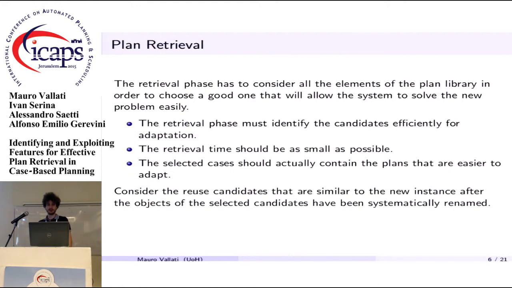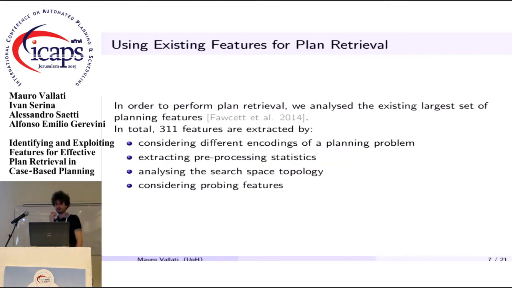And so the first experiment that we did was to test and to reuse the largest set of features which have been proposed for planning, which were introduced last year in the last ICAPS by Fawcett et al., and which include 311 features that are extracted by considering different aspects of planning, like different encodings, such as PDDL or SAT, by extracting some pre-processing statistics of some planners, by analyzing the search space topology by using Torchlight, and also by considering probing features, where probing features are basically information that you can extract by short runs of planners.